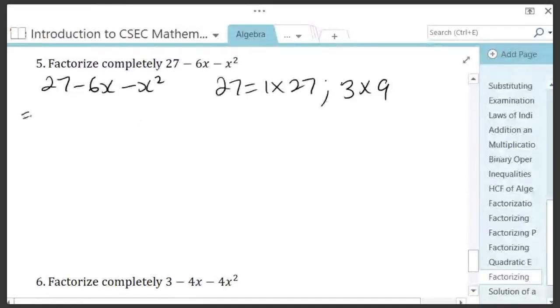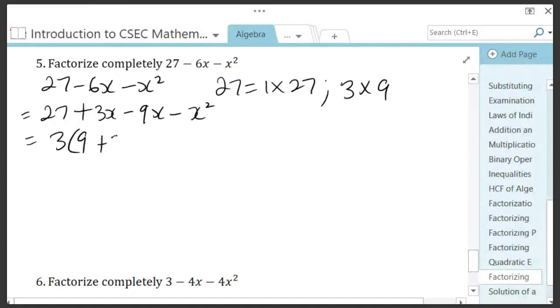So this is 27 plus 3x minus 9x minus x squared. The HCF of the first two terms here is 3. 27 divided by 3 is 9. 3x divided by 3 here is x.